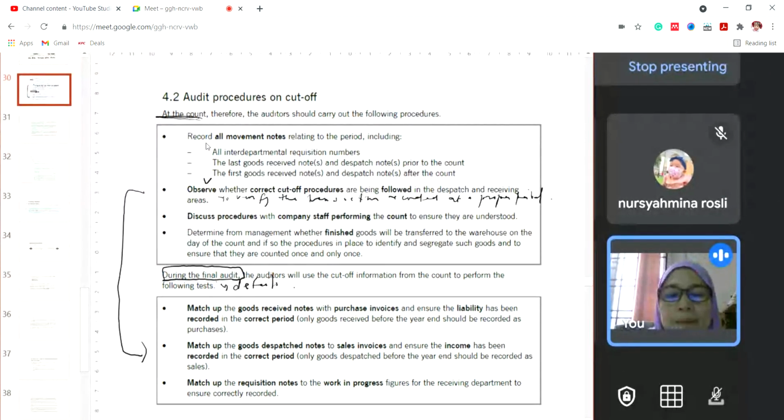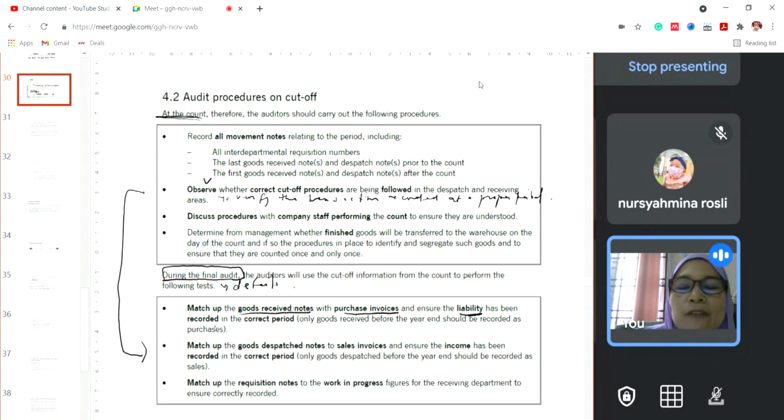So match up the goods received notes, GRN, with the purchase invoice. Don't make a mistake there. Match up the goods received notes with the purchase invoice and ensure the liability has been recorded in the correct period.